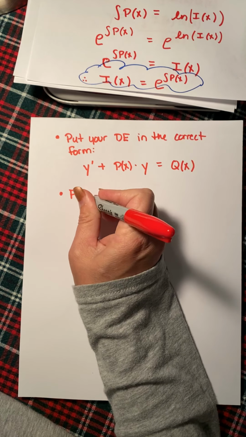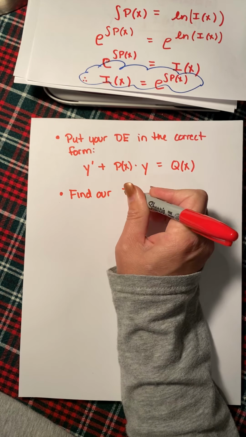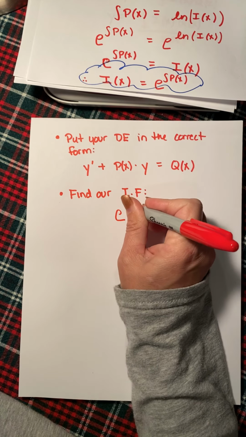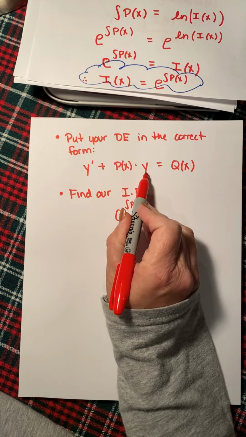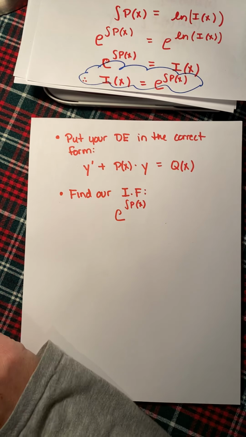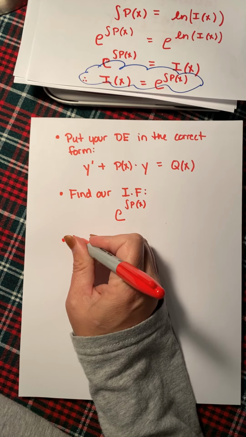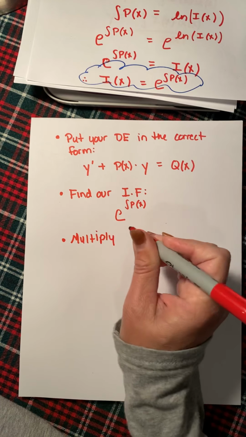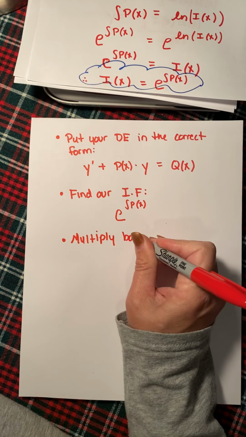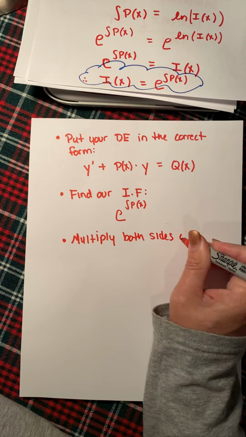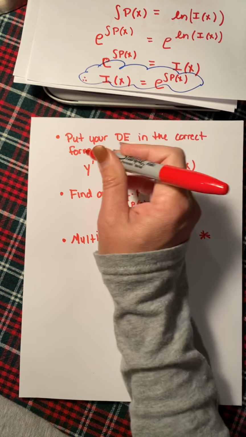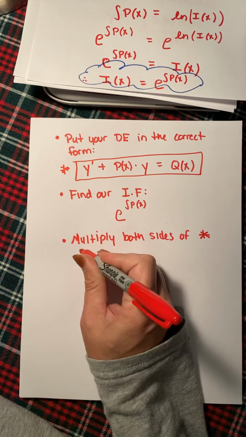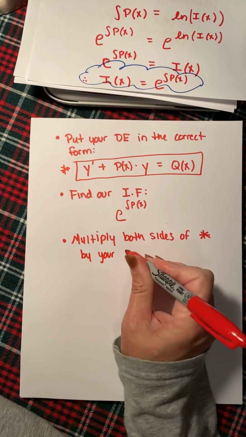We want to find our integrating factor. And to find the integrating factor, you do e to the integral of whatever function's tagged on to the y. So then we multiply both sides of the differential equation in its proper form by your integrating factor.